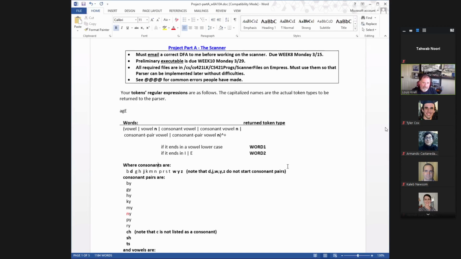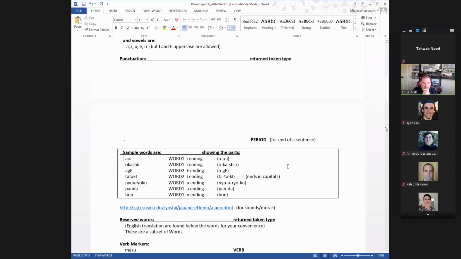So now that you understand the regular expression, the set of characters that's allowable by the scanner, it will accept words that look like this. AOI, because A is a vowel, O is a vowel, I is a vowel, or Okashi. Okashi is a vowel, a consonant, a vowel, a consonant pair, the S and the H, right?